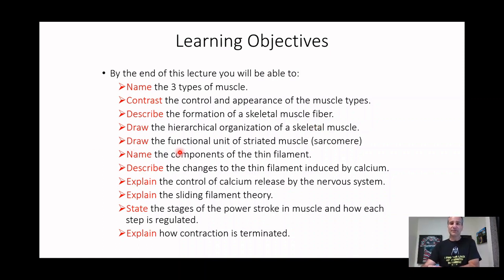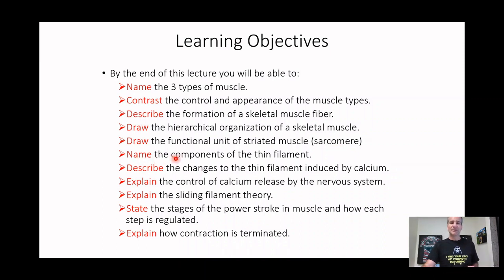You should be able to draw the functional unit of a striated muscle, called the sarcomere. Sarco is actually Greek meaning meat. So this is the muscle component, the smallest part of the muscle.